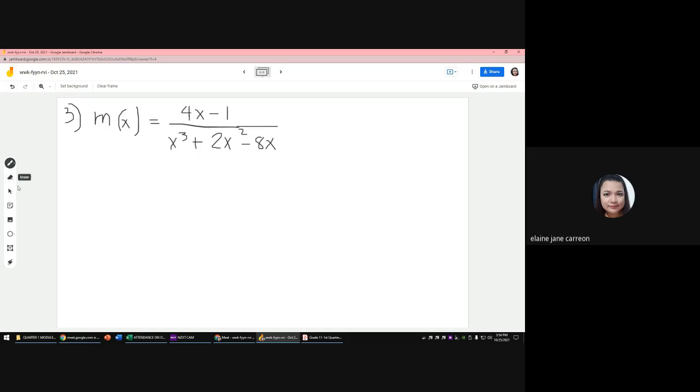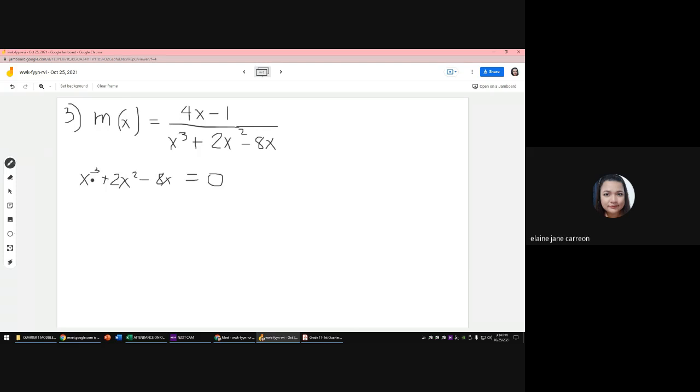So let's find the domain. In order for us to find, let's equate the denominator, which is x cubed plus 2x squared minus 8x, to 0. Okay, so this is a polynomial.